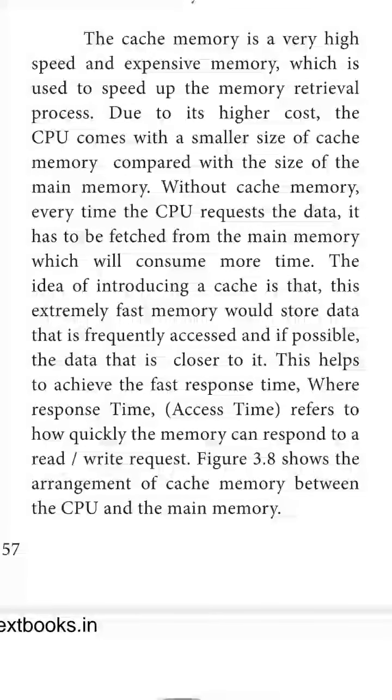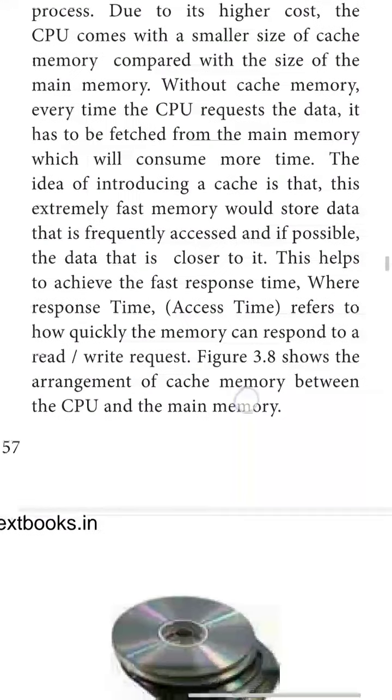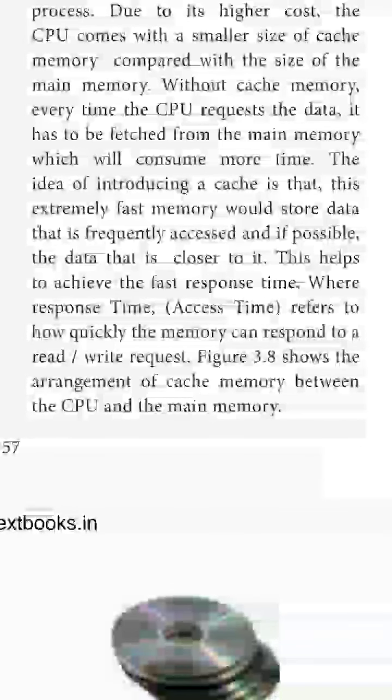The idea of introducing cache is that this extremely fast memory would store data that is frequently accessed and, if possible, the data that is closer to it. This helps to achieve faster response time, and response time refers to how quickly the memory can respond to read and write requests.